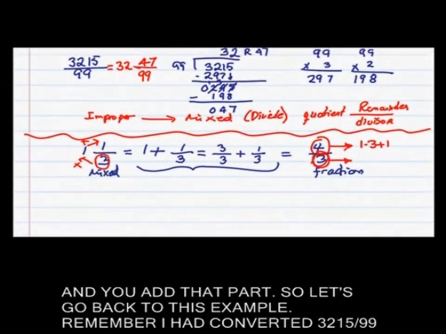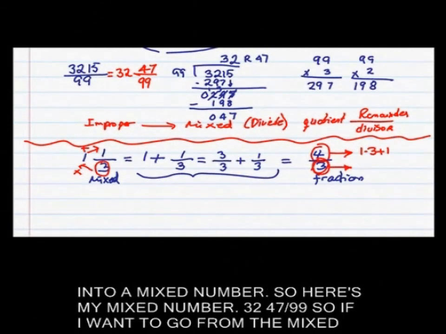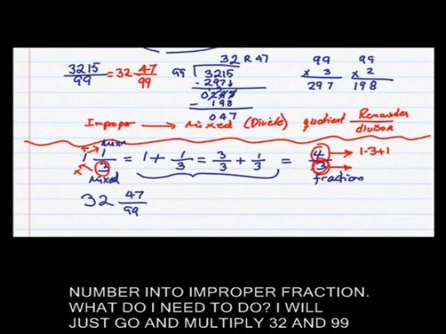So let's go back to this example. Remember, I had converted 3,215 99ths into a mixed number. So here's my mixed number, 32 and 47 99ths. If I want to go from the mixed number into improper fraction, what do I need to do?